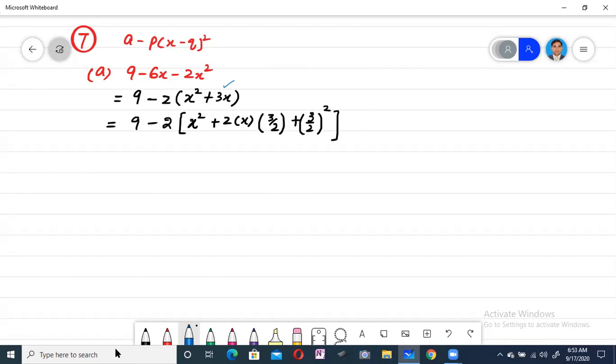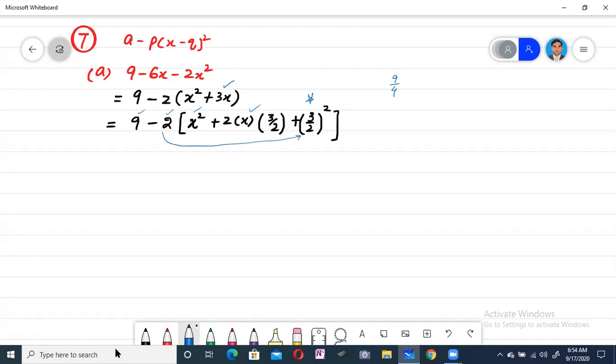Now you can see here this 9 as it is, minus 2 as it is, x square, then this 2 cancels with 2, 3x as it is. This is extra: this 3 divided by 2 whole square. 3 square is 9, and 2 square is 4, but with this 3 by 2 whole square, this minus 2 is also multiplying.